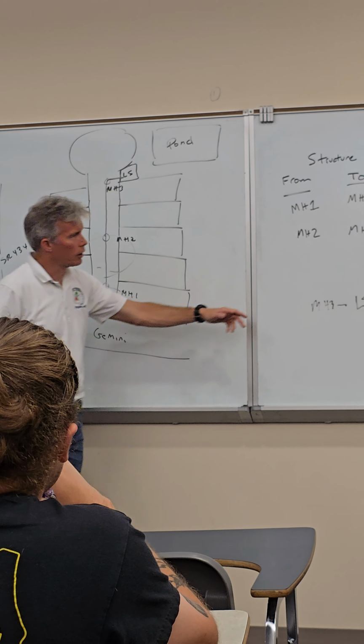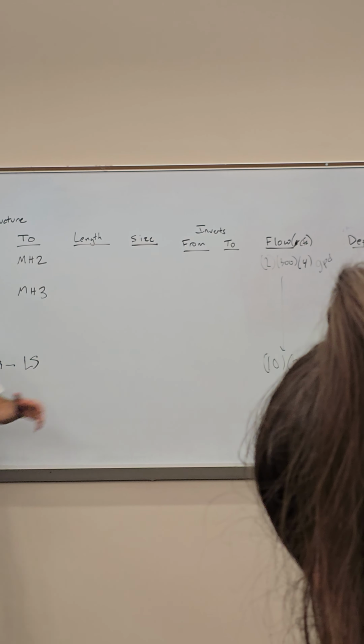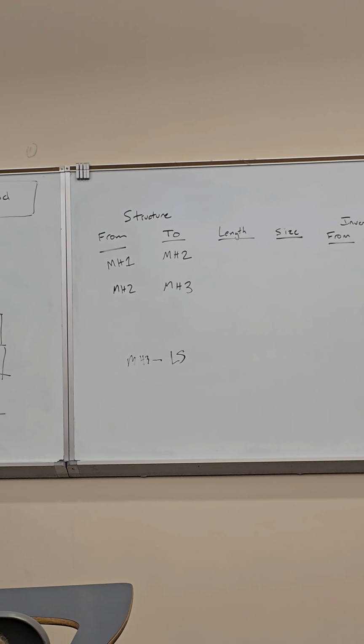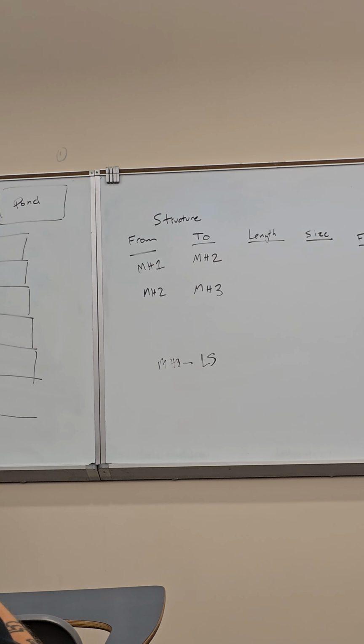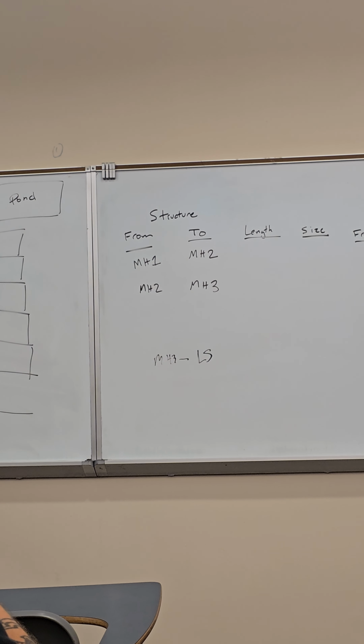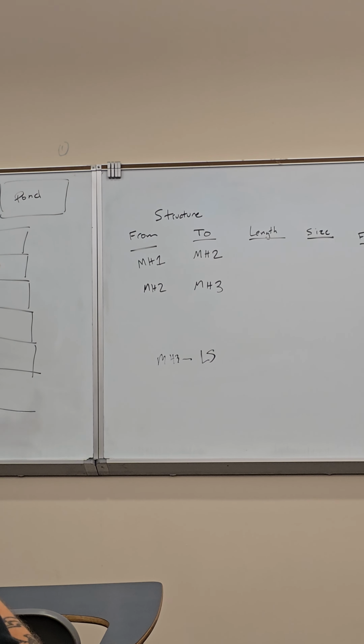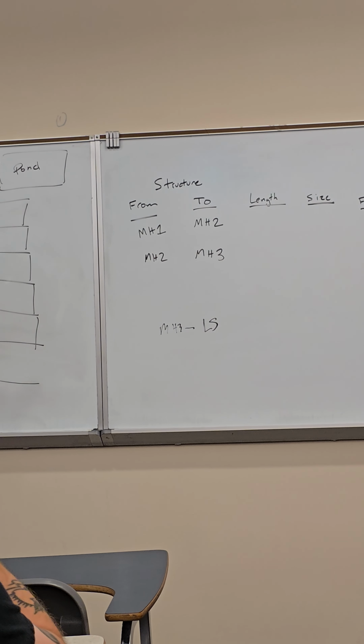And so that way you can set your inverts. You have to use that minimum slope for that length to be able to calculate those. Okay? So fairly straightforward. Any questions on kind of laying it out and setting up the calculations?